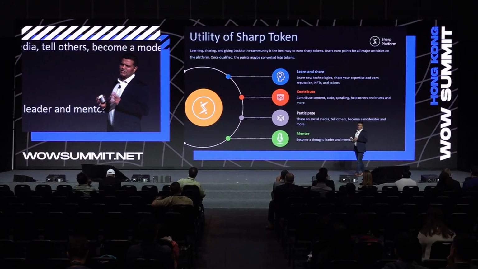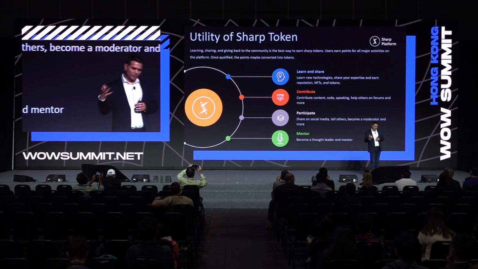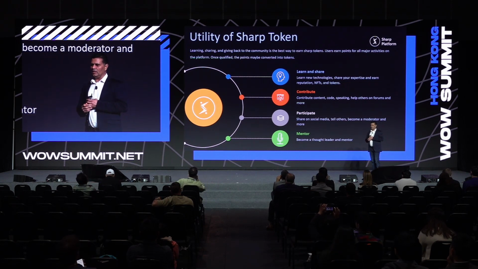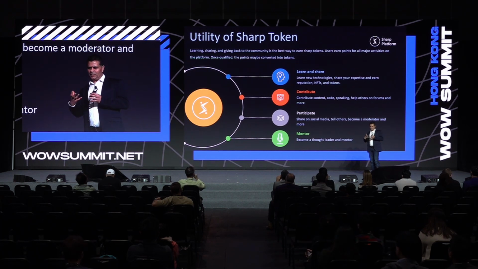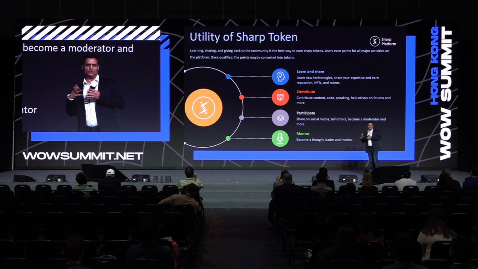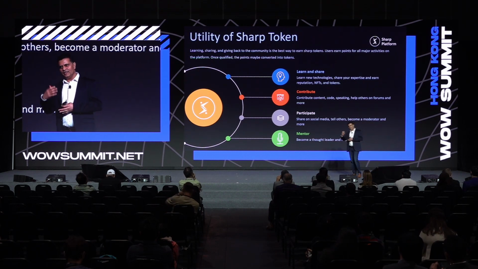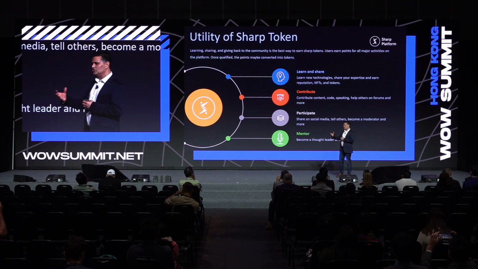So what is the utility of the token on this CSharp Corner platform? We are calling the program Learn, Earn, and Grow. There are tokens where you play to earn; we are learn to earn. You come to the platform, you start learning, and while you're learning, you earn Sharp tokens.